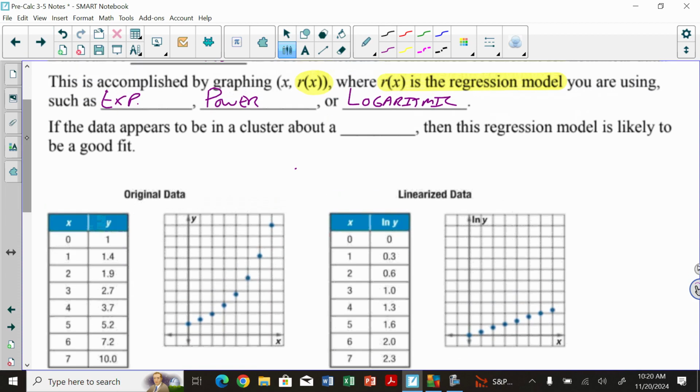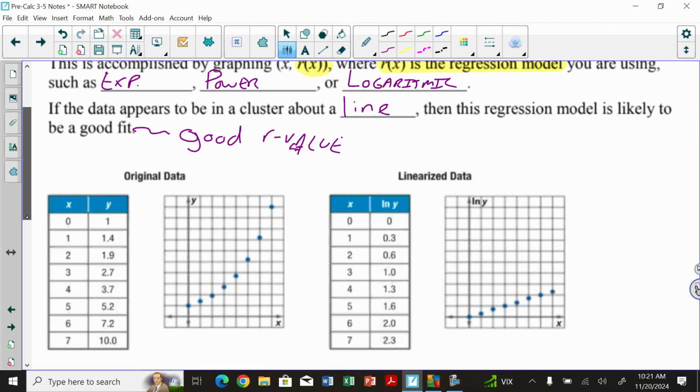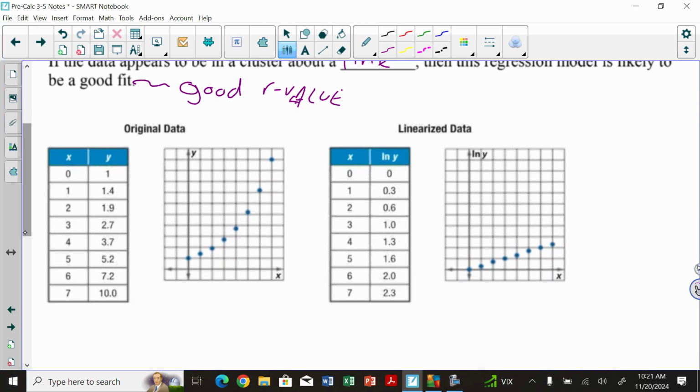And if the data appears to cluster about a line, then we can say that this model is likely to be a good fit, okay? So that means good fit, you probably have a strong R value, if it can cluster along in a line, okay? So just an example here shows you that if you've got some original data, right? If we linearize this, and this kind of looks like an exponential, right?